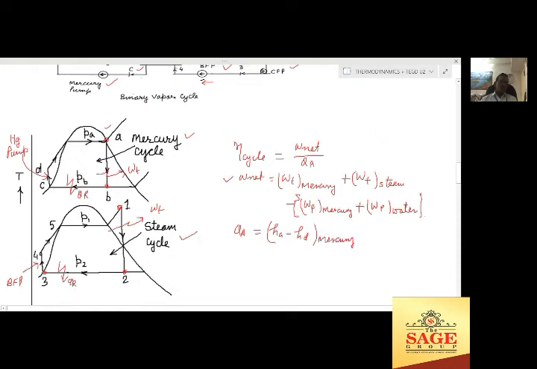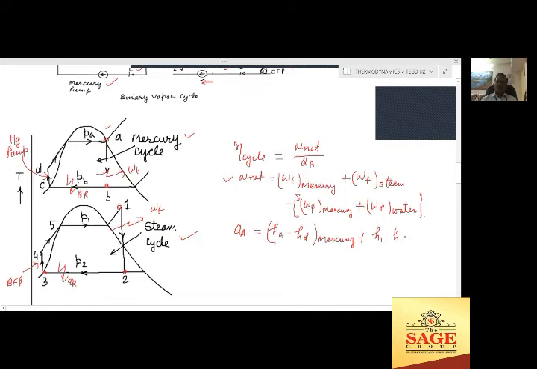And for the superheating, from point 4 to 1, or from 5 to 1 actually, it is also H1 minus H5 for the steam.